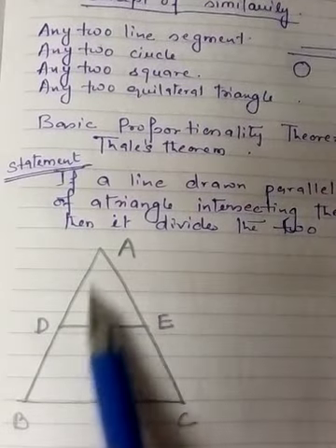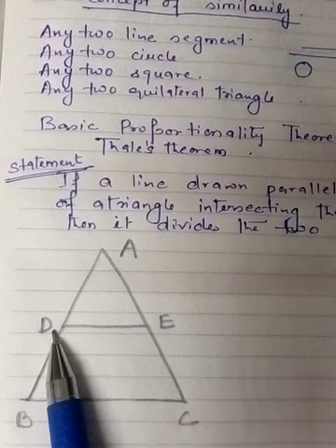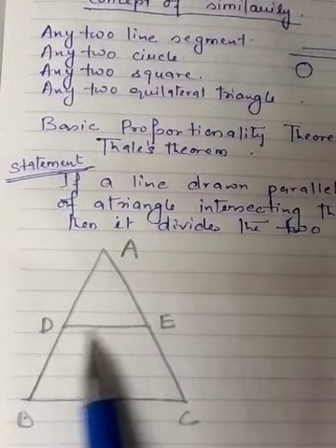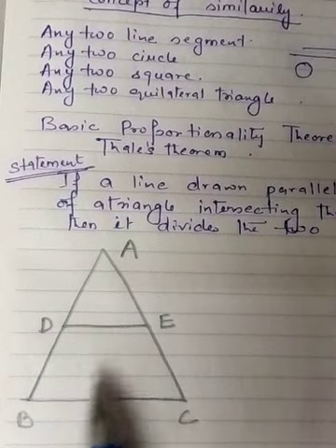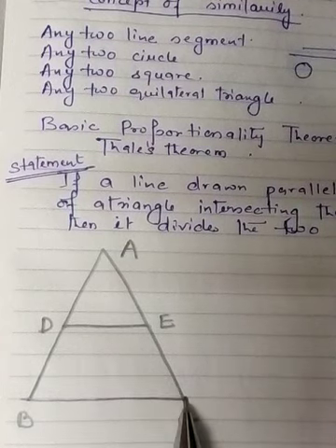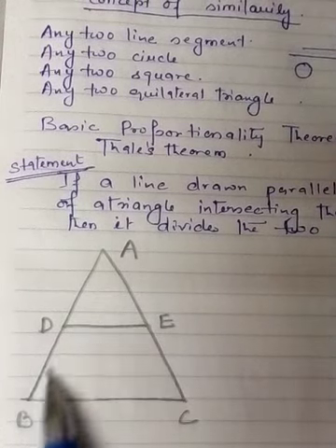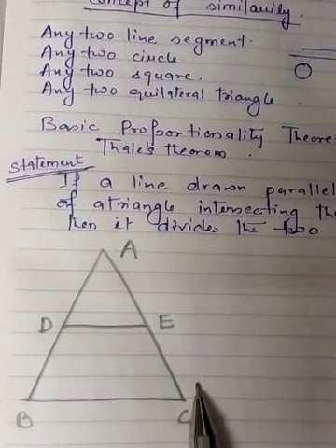So we have a triangle in which we have a line segment which joins one side of the triangle to the other side, and this line is parallel to the third side. That means DE is parallel to BC. It's given in the question. We have to prove that this line divides the sides AB and AC in the same ratio.